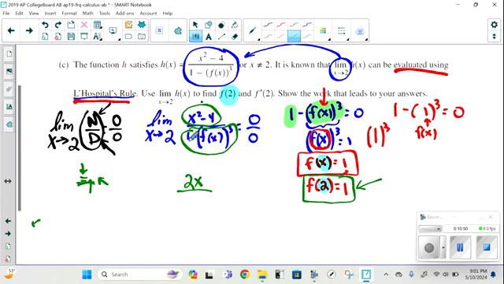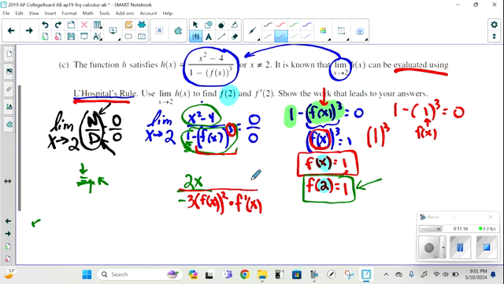The derivative of my 1 is 0 minus, okay, right here is going to be the chain rule. The 3 is going to come down. F of x will stay the same on the inside. I shrink my exponent by 1 times the derivative of the inside, which is f prime of x. Okay? This is what we now have.